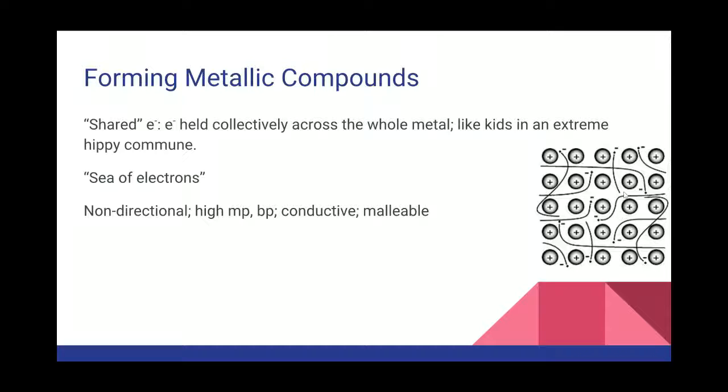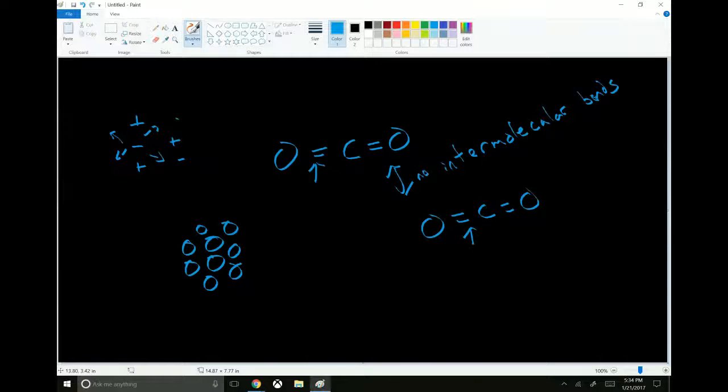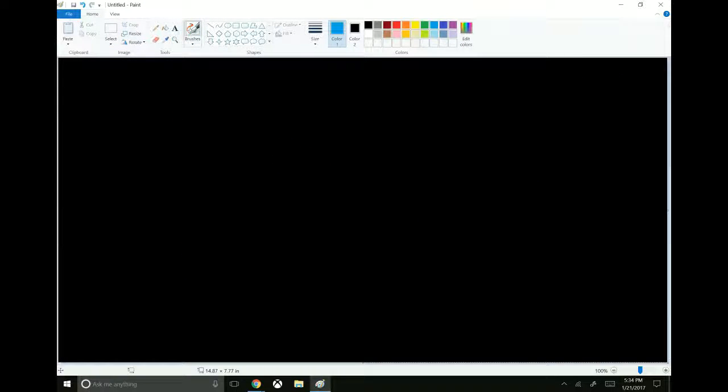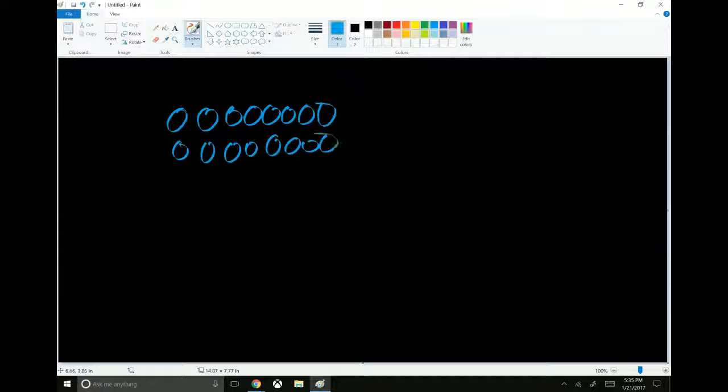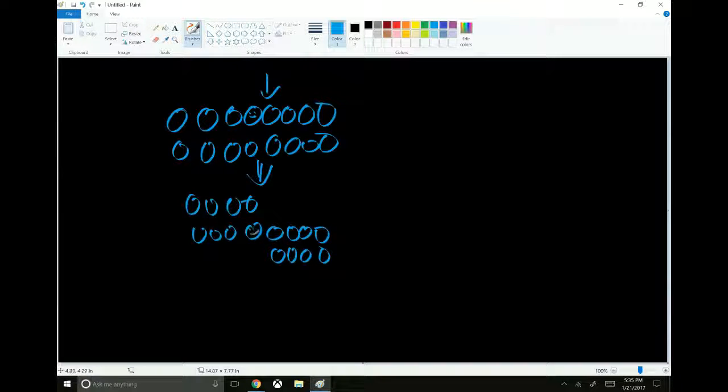And they're malleable because even though it's a directional bond, a non-directional bond, excuse me, if you were to hit a metal with a hammer, then it's going to respond very differently from an ionic compound, because all that happens is, because these guys are all the same, and they're all perfectly happy, you hit it with a hammer, all you've done is you've shifted it down, but you haven't really changed anything. Okay? So everybody's still nice and happy.